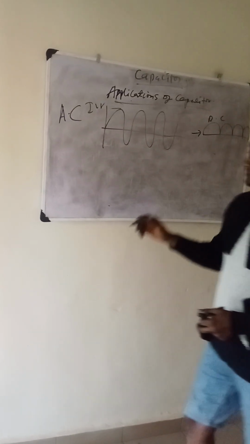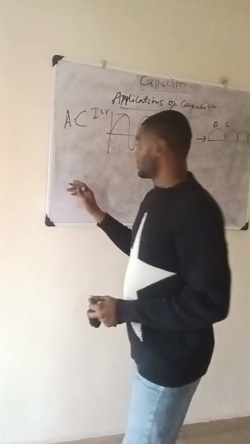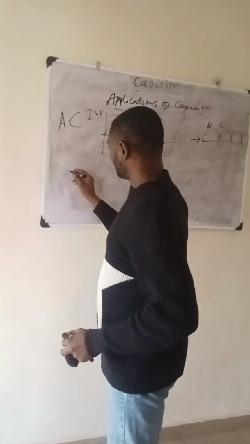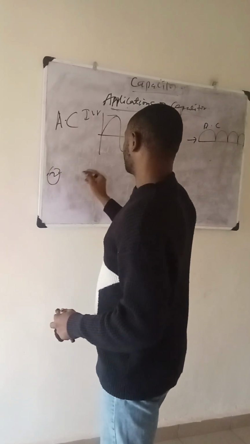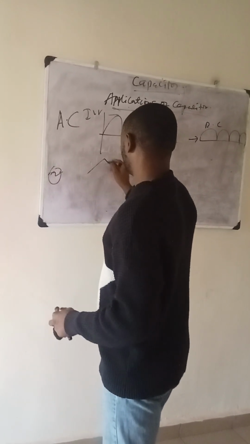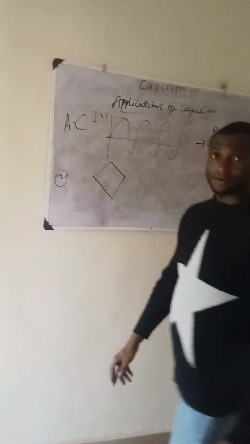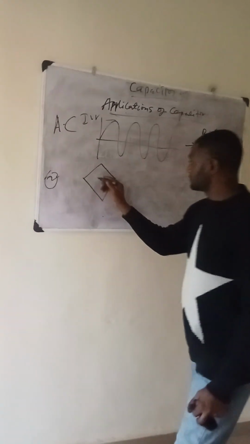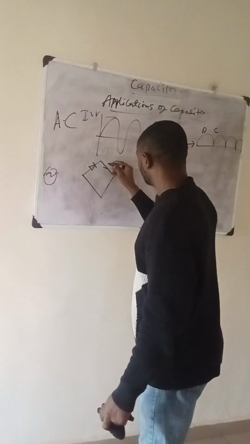And then let me take a very simple circuit. What we are saying here is that if you have your AC coming from AC source and you pass it to this type of circuit, let me use a full bridge rectification. Okay, if you have this, remember your diodes are connected this way.